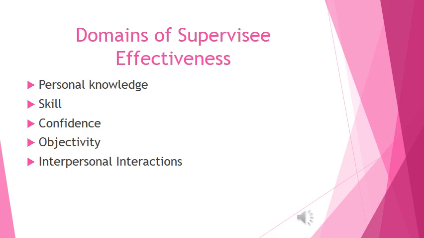For example, a supervisee might have the technical knowledge, the objectivity, and the positive interpersonal interactions needed to successfully provide services, but lack the confidence in her abilities and the skill to channel her knowledge into effective services. The supervisor must analyze these two weak domains with the supervisee and help her to develop approaches and techniques that increase her skill and to recognize and experience the professional and personal success that translates into greater self-confidence.